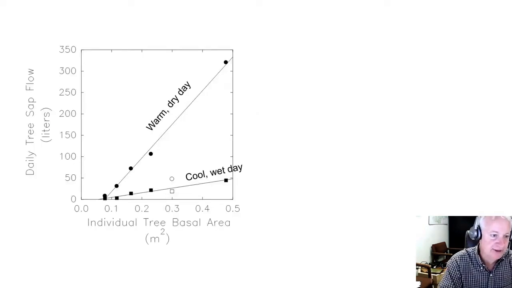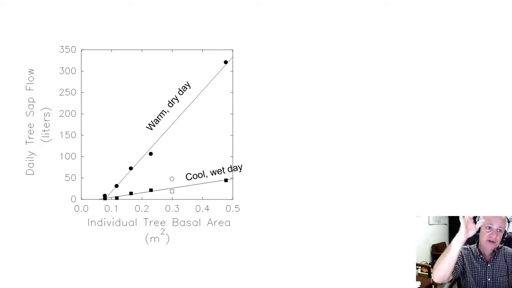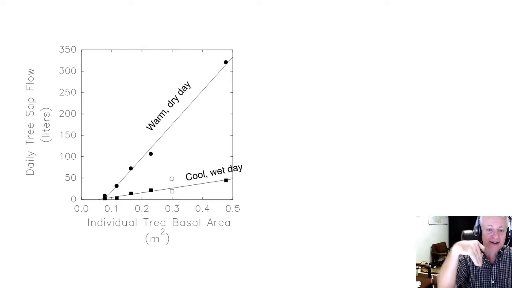This is an example of some of the type of data you can get from sap flow. This shows sap flow from 1, 2, 3, 4, 5, 6 trees of different size in that stand I showed you earlier on 2 different days. The 2 lines show transpiration rate of those different trees on a warm, dry day and a cool, wet day.